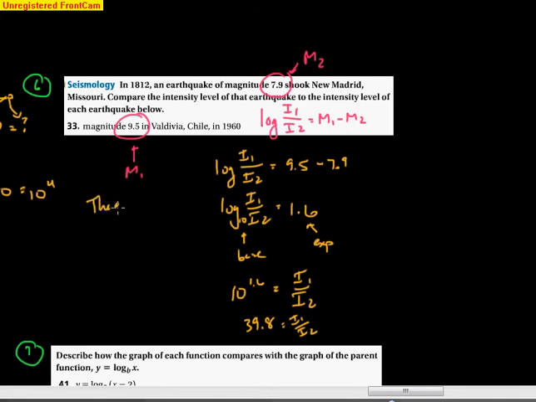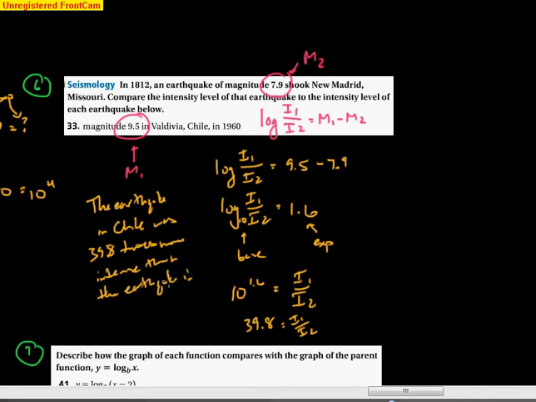So the earthquake in Chile was 39.8 times more intense than the earthquake in Missouri. Okay. So remember, compare the bigger one to the smaller one.